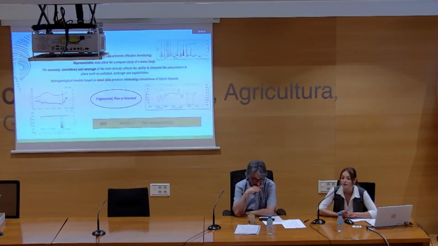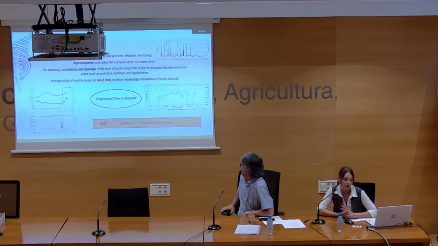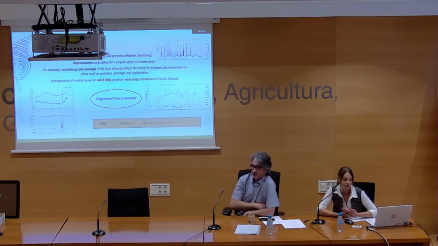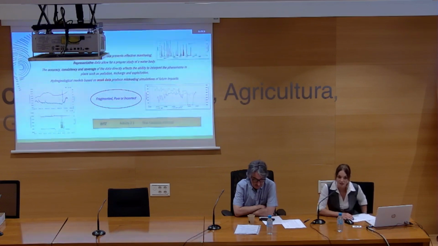So the first issue we've struggled with so far was with data and with the representativeness of that, because the current data are unreliable, and this prevents an effective monitoring of the aquifer in general. By contrast, of course, representative data allow for a proper study of the groundwater. So what do we mean?